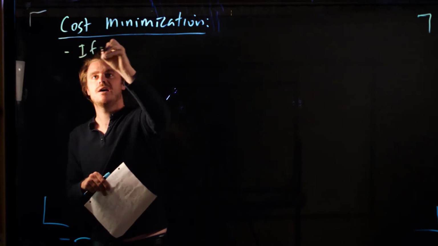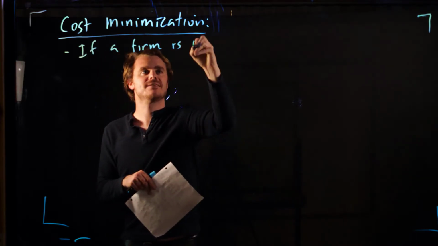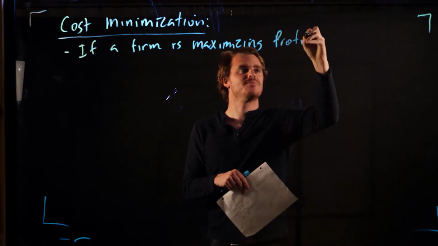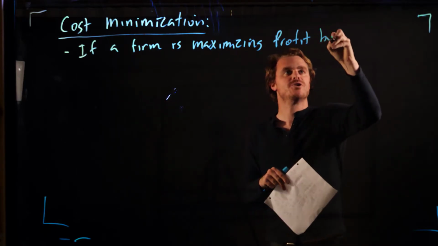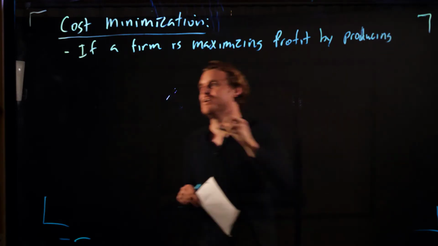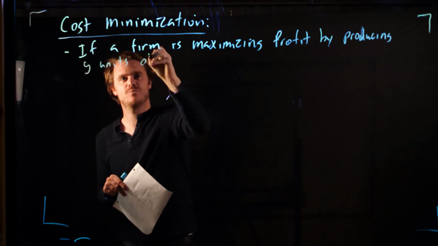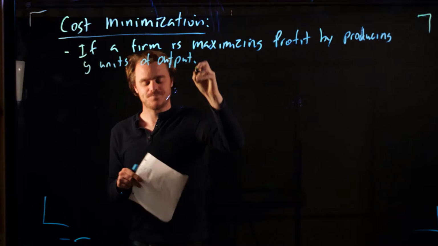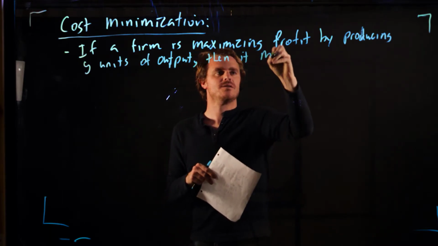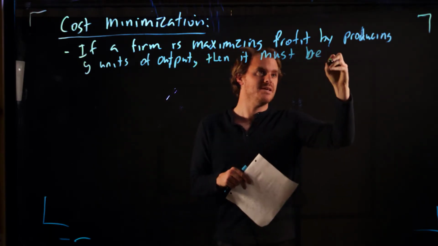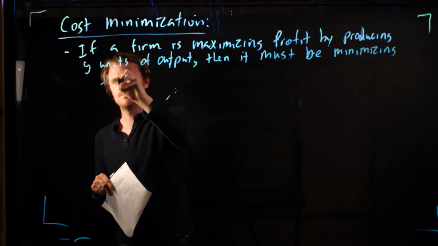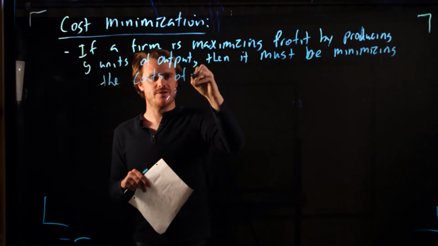So if a firm is maximizing profit by producing Y units of output, then it must be minimizing the cost of producing Y units.